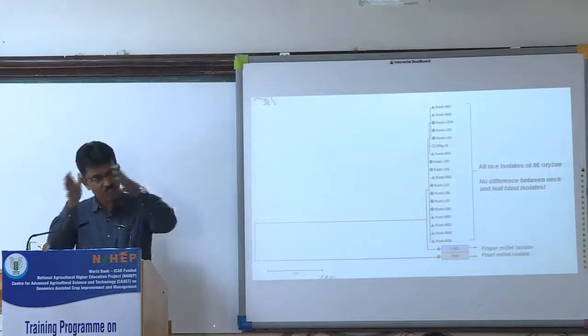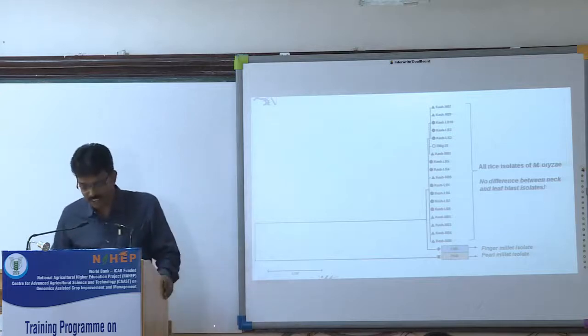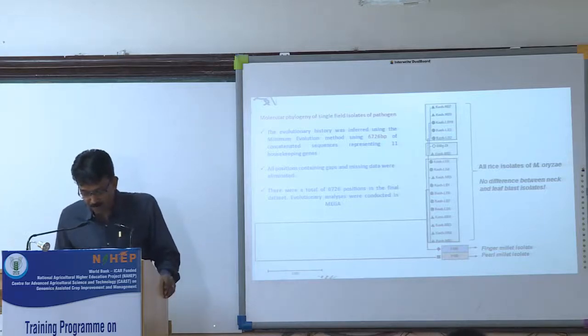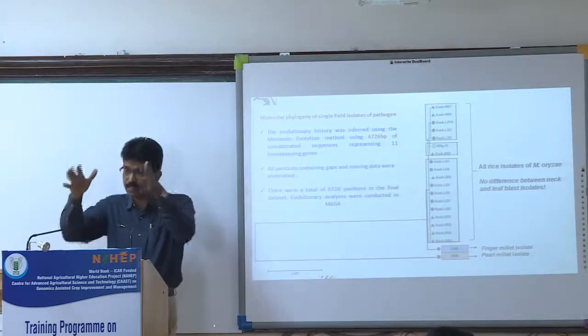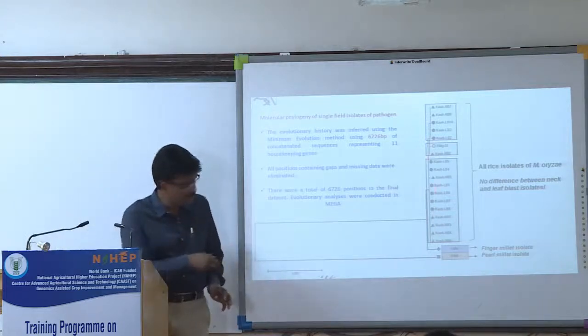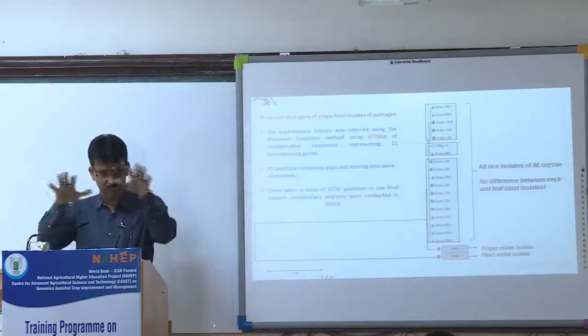Once it is stitched together, you subject the analysis to a molecular phylogenetic tree. This is what we got. We could see around 3 clusters within the rice population itself, this is 1, 2 and 3, and expectedly the finger millet and pearl millet stood apart.